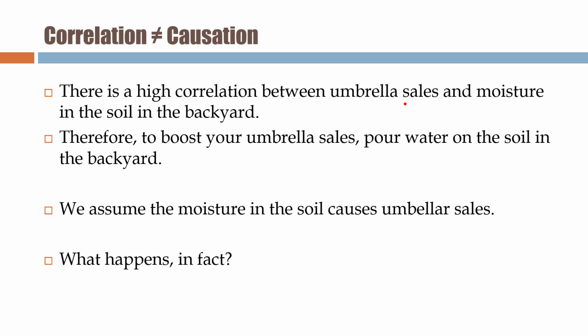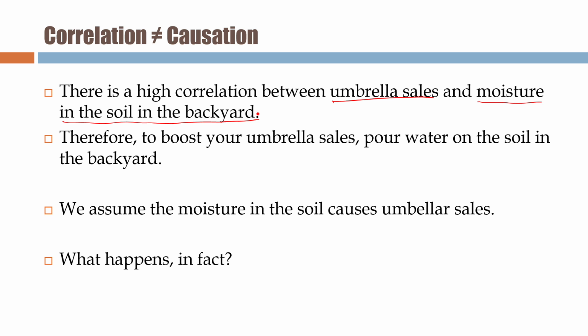So think about it. Say you are selling umbrellas, so you measure the umbrella sales, and you also somehow measure the moisture of the soil in your backyard. If you plot your umbrella sales and the moisture in the soil in the backyard, they will have a high correlation.